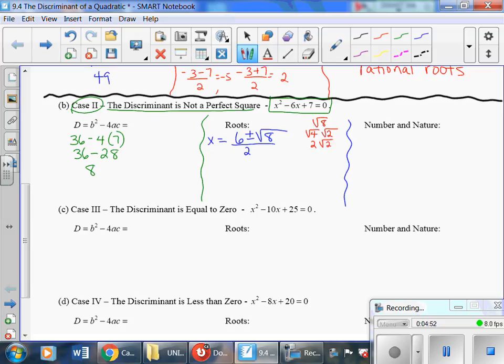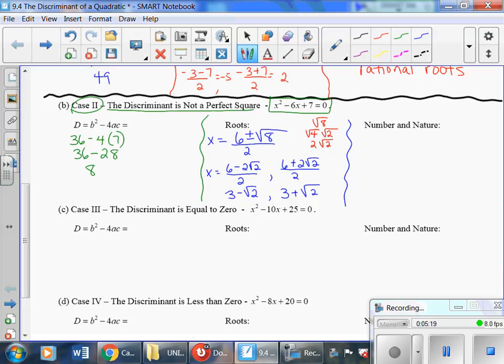So when we write this down, we're going to have x is equal to 6 minus 2 rad 2 over 2, and of course then we can simplify this to 3 minus rad 2, and x is also going to equal 6 plus 2 rad 2 over 2, which reduces to 3 plus radical 2.